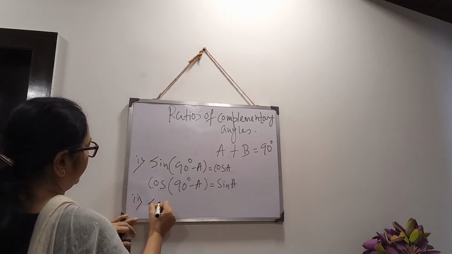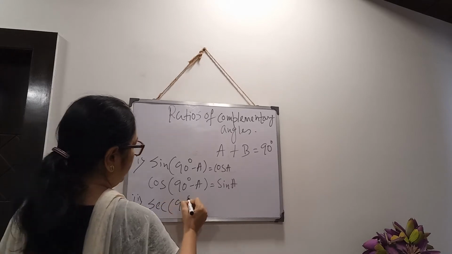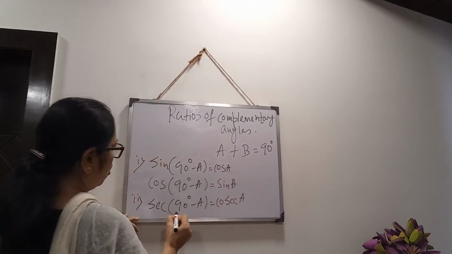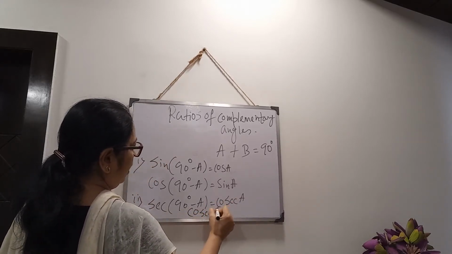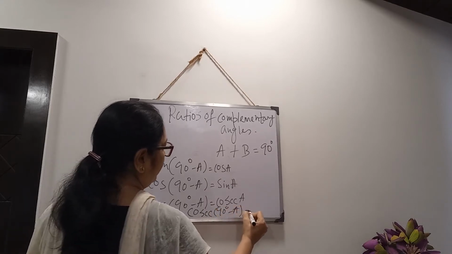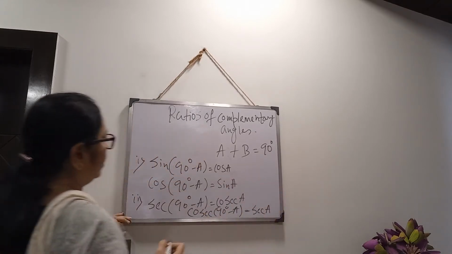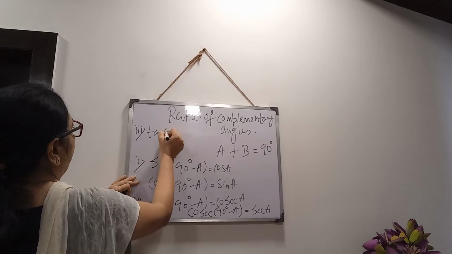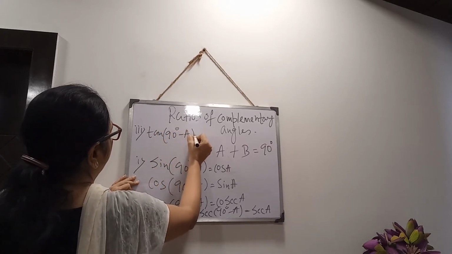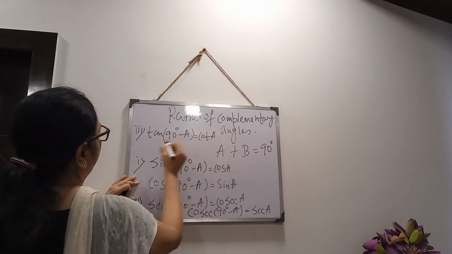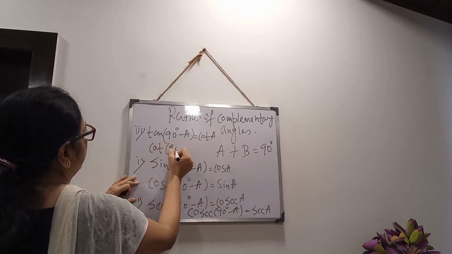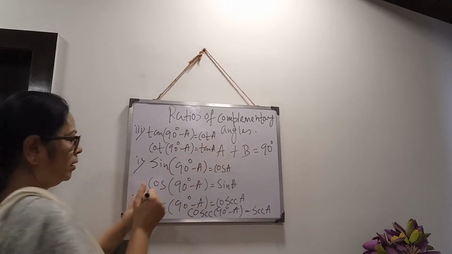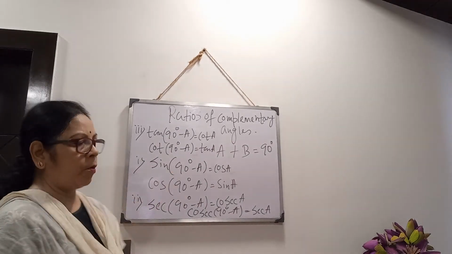Another is sec(90 degree minus A) equals cosec A, or cosec(90 degree minus A) equals sec A. And the third one is tan(90 degree minus A) is cot A, and cot(90 degree minus A) is tan A. Clear? We have to use these formulas in problems.